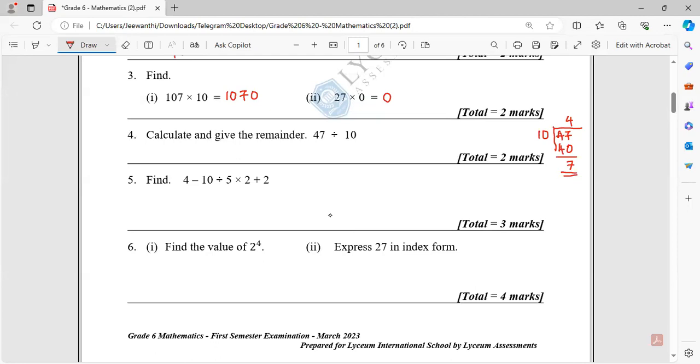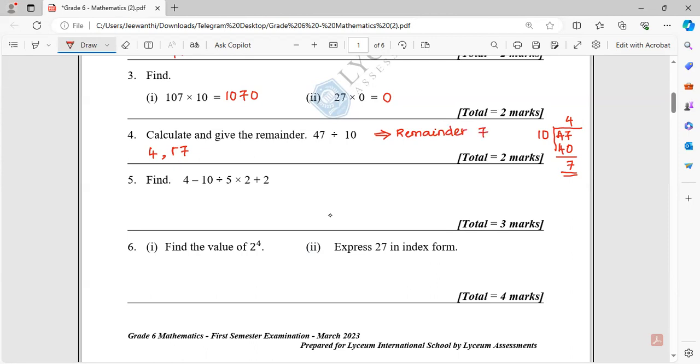So the best way in that case, if you have that kind of doubt, what I suggest is you just write 4, remainder 7. And here you write that the remainder is 7. Can you understand what I did?